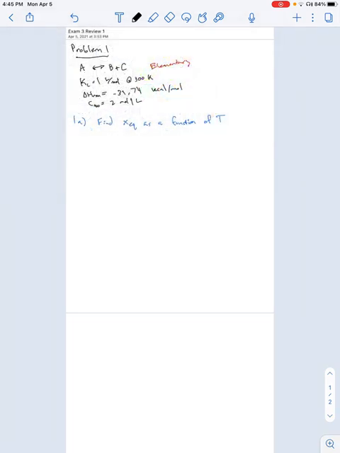So our Kc of T is going to equal Kc at 300 Kelvin times e to the exponent of our enthalpy of reaction divided by R, times 1 over 300 Kelvin, which is our first temperature, and then minus 1 over whatever our second temperature is.